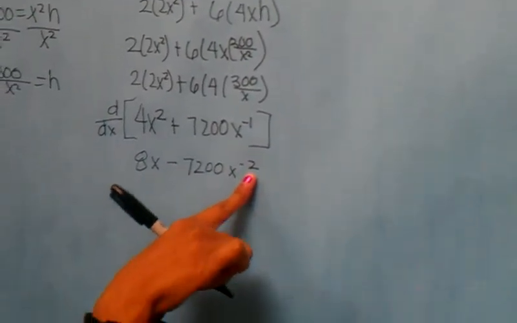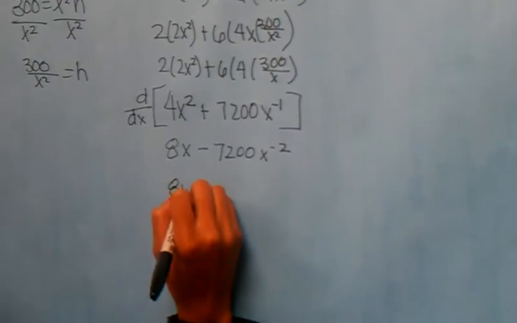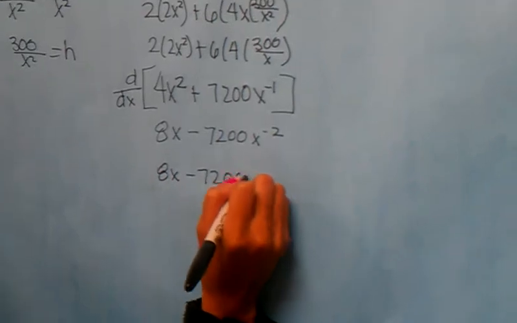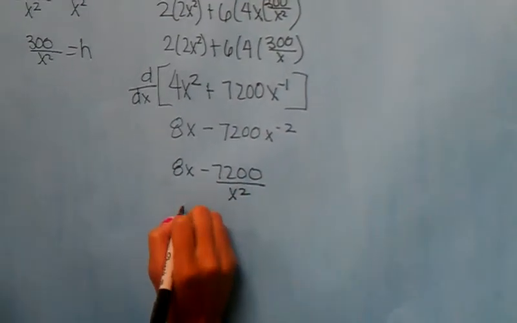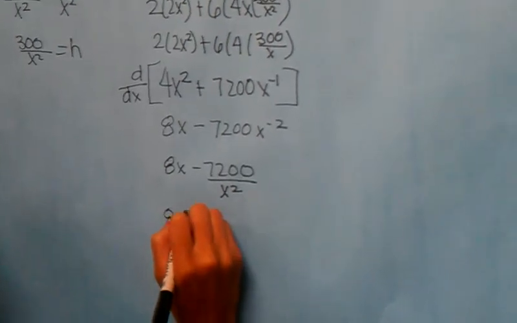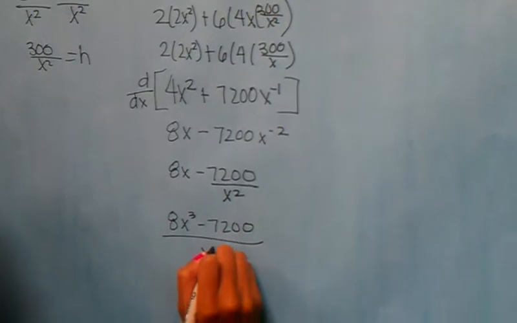Go ahead and move this x to the negative 2 so we won't have a negative exponent down to the bottom. Go ahead and get a common denominator, which will leave us with 8x cubed minus 7,200 all over x squared.